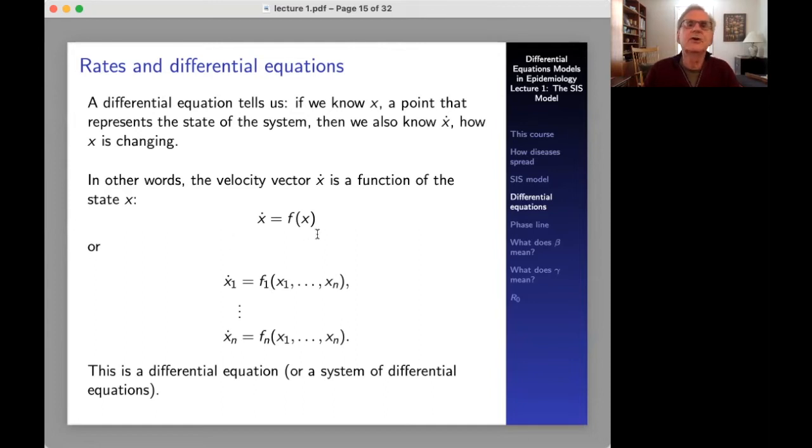If you wrote this all out in lots of equations, expanded it, x1 dot would be a function f1 of x1 through xn, x2 dot would be and so on, xn dot would be a function fn of x1 through xn. This is a differential equation if you write it this way, or if you write it this way, it's usually called a system of differential equations, but it's really the same thing. Different ways of writing the same thing.